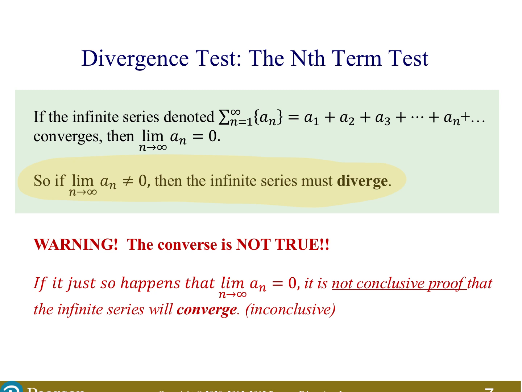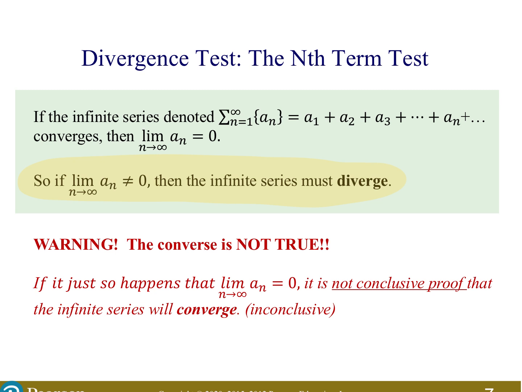And on the nth term test, you want to put: if the limit of the last term, or the nth term, is not 0, then the series diverges. If the limit of the last term is not 0, the series must diverge.